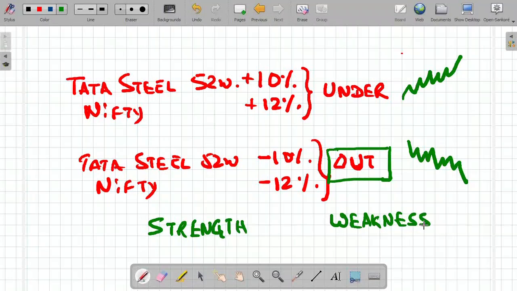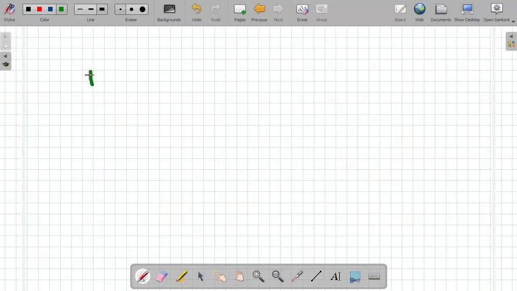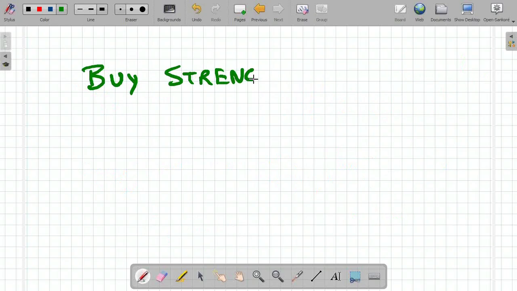So the first philosophical base of relative strength comparison is that we are looking to buy strength, and we are looking to sell weakness.